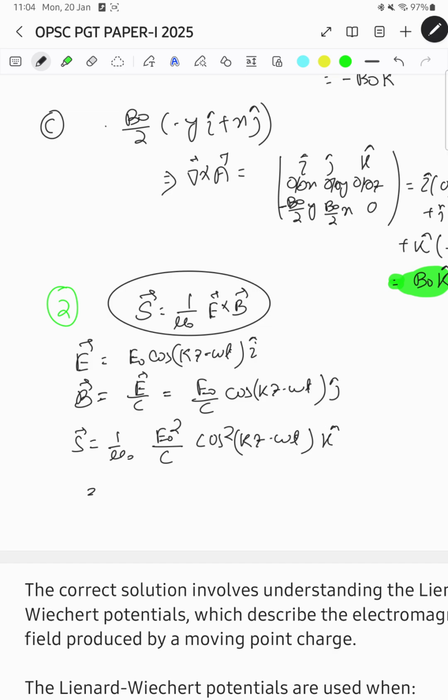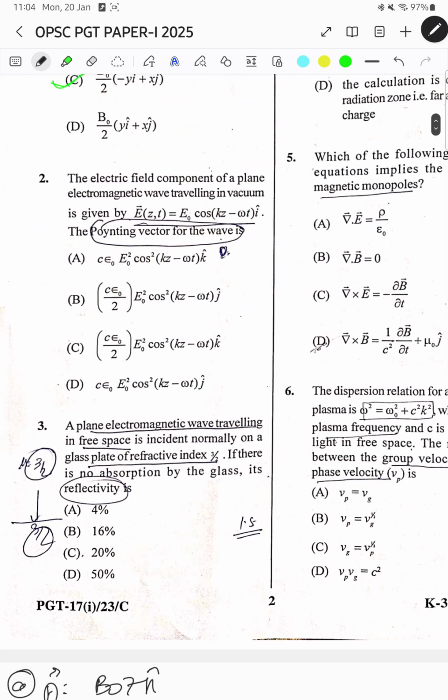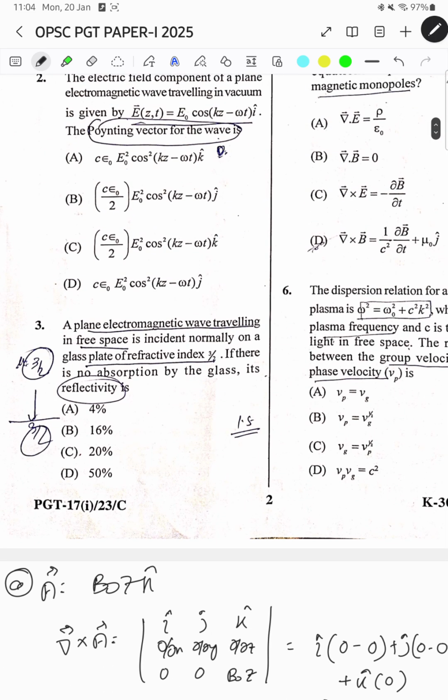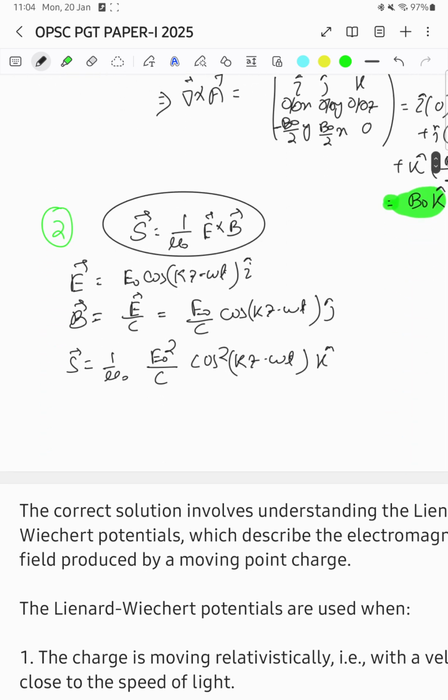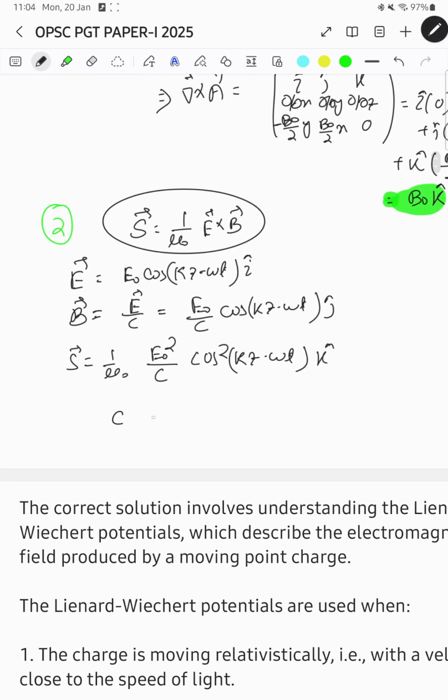So this could be the answer, but in the options we have epsilon, so we have to think about the relation where C is related to mu naught and epsilon naught. How does it relate? We know C is equal to root over 1 by mu naught epsilon naught, so C square is equal to 1 by mu naught epsilon naught.